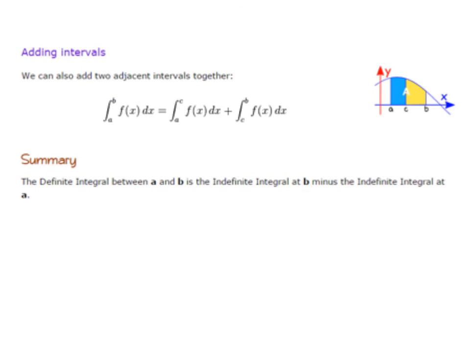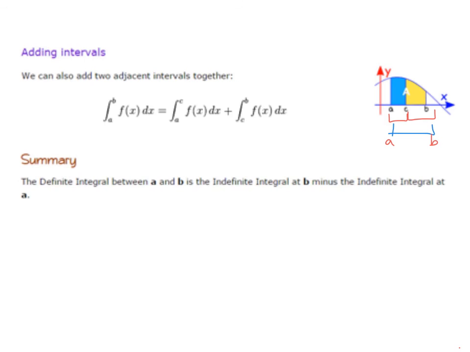So one more property is that we can also add two adjacent intervals together. So for instance, a to b would be from here to here, right? And so what that would be is the integration of a to c plus c to b. And it would be in that order because c is going to be the lower limit. So adding those intervals together is going to actually allow you to go from a to b.